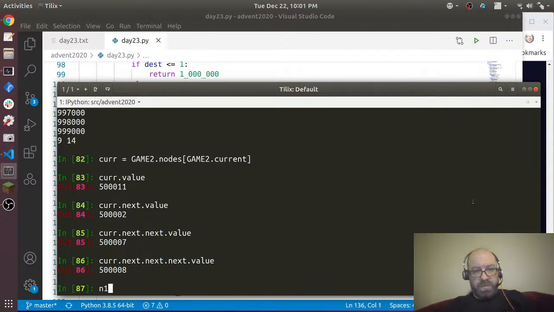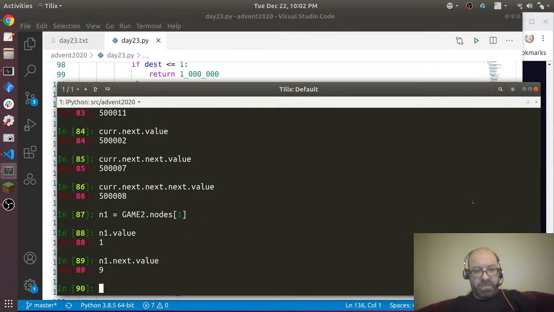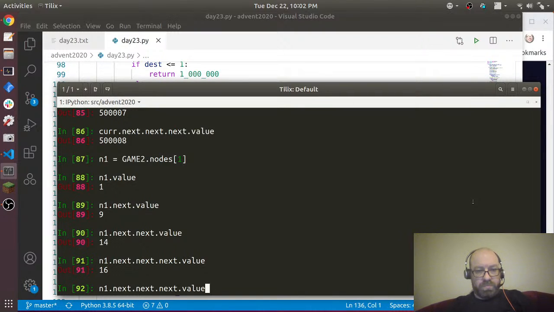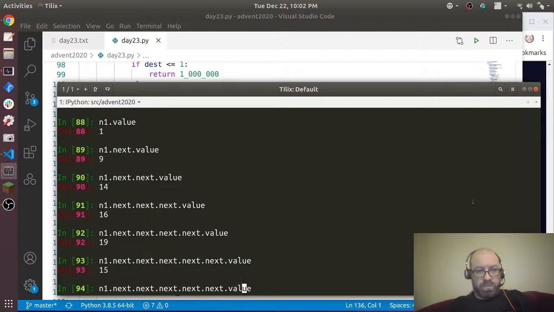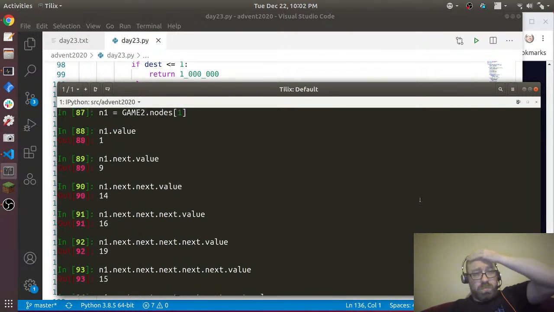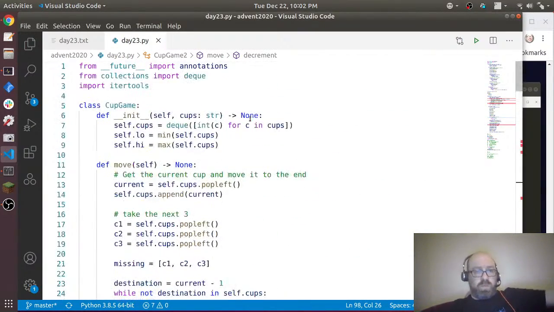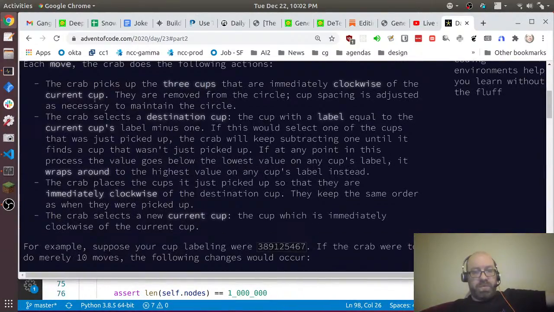And let's say n1 equals game2.nodes 1.value, and 1.next.value, and 1.next.next.value. Alright, so this definitely runs fast enough, but it doesn't do the right thing.